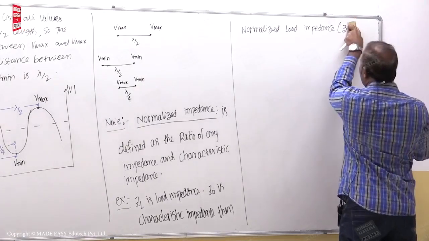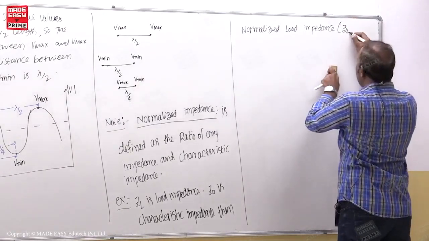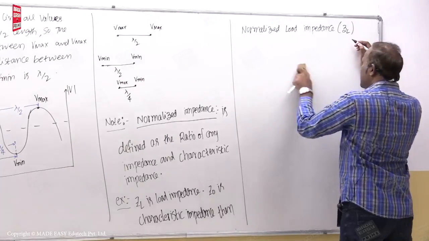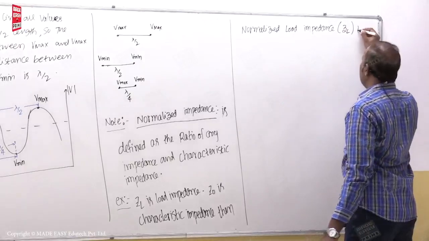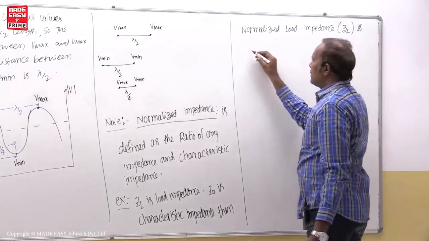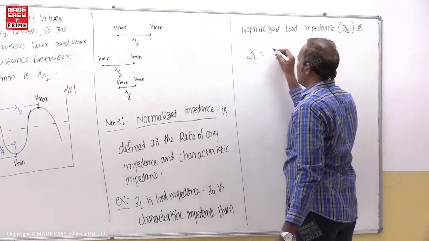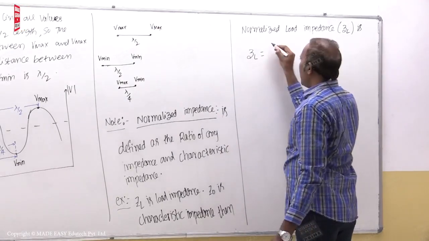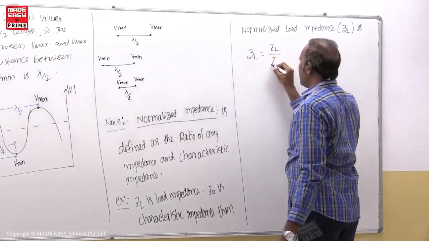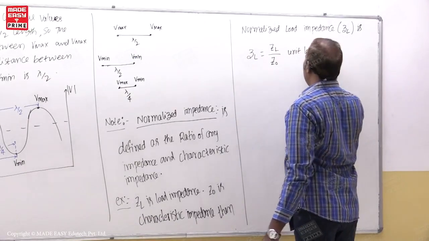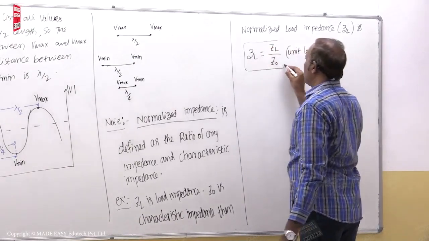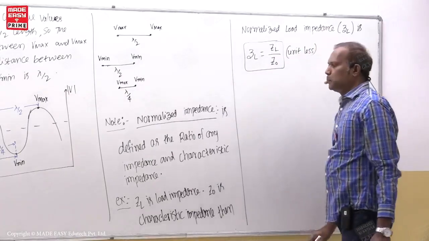Then you put suffix L. Small z means normalized impedance. Suffix L means normalized load impedance. Small z L is equal to load impedance divided by characteristic impedance. It is unitless. No units are there.